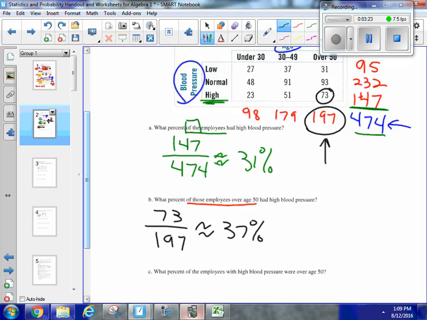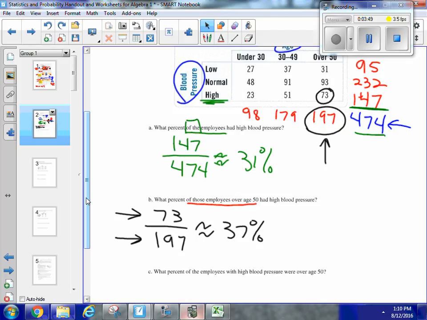So of the total employees over age 50, the number of them that had high blood pressure gives us the answer. Now the second part is what percent of the employees with high blood pressure were over age 50? And it sounds remarkably like the problem just before it, doesn't it? And that's where it gets confusing, so you have to read it carefully.